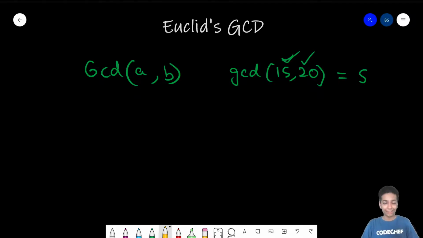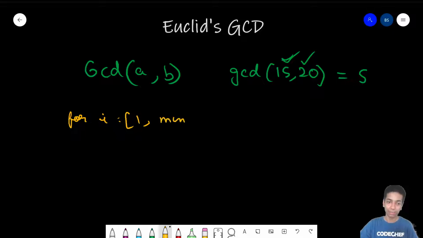So how do we find this? Before moving on to Euclid's algorithm, the naive approach is to loop over all the numbers from 1 till the smaller one. Why the smaller number?